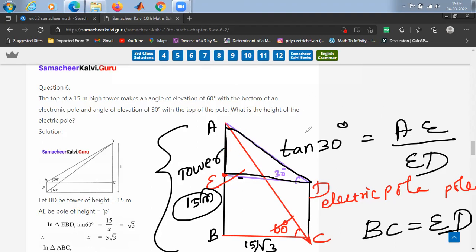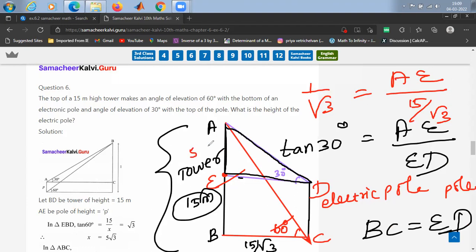So from that we can say tan 30 degrees, 1 upon √3, is equal to AE upon ED. What is ED? ED is 15 upon √3. So from that you'll be able to find the value of AE. So AE is nothing but 5. If you simplify this, we'll get 5. Do you understand this?